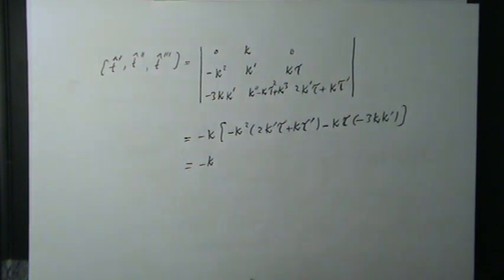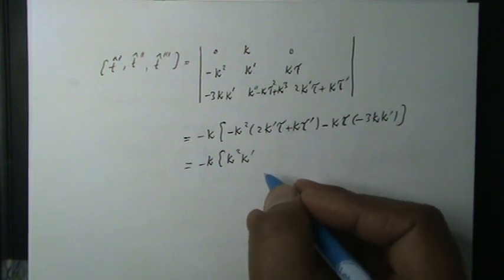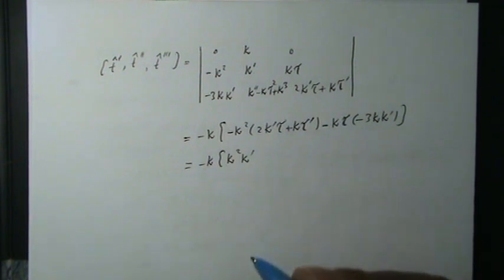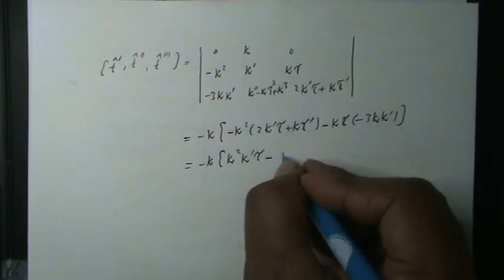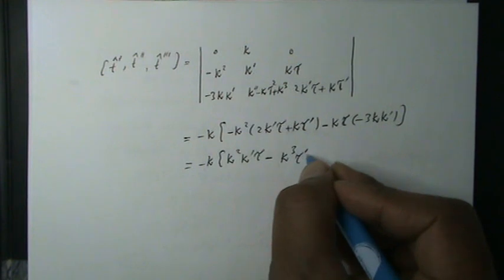This will be equal to kappa square kappa dash tau minus kappa power 3 tau dash.